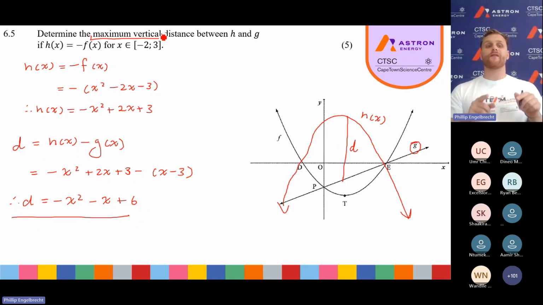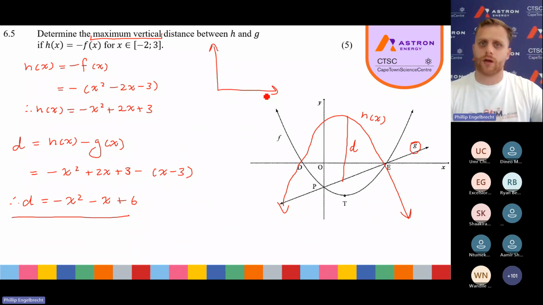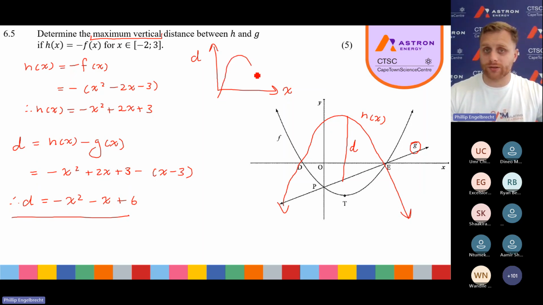Can we all agree that I have actually found the equation itself to calculate the distance? So if I were to plot this on a new graph, on my y-axis it's the distance, and on my x-axis will be the x values. If I were to plot this out, can you guys agree that this will make a parabola that looks like this?